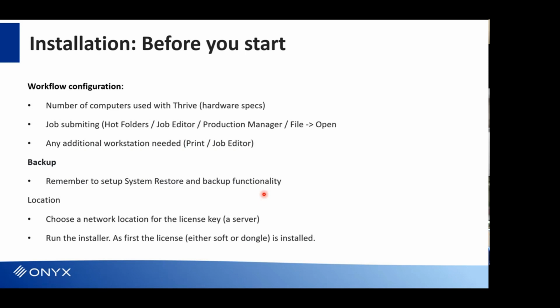Then when you run the installer wizard, it will guide you. It will check if there is a dongle already installed, and see if you can find any soft or dongle version already on the PC, right?